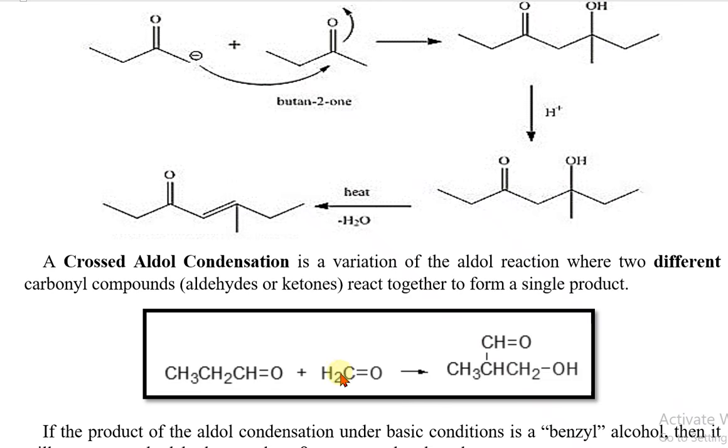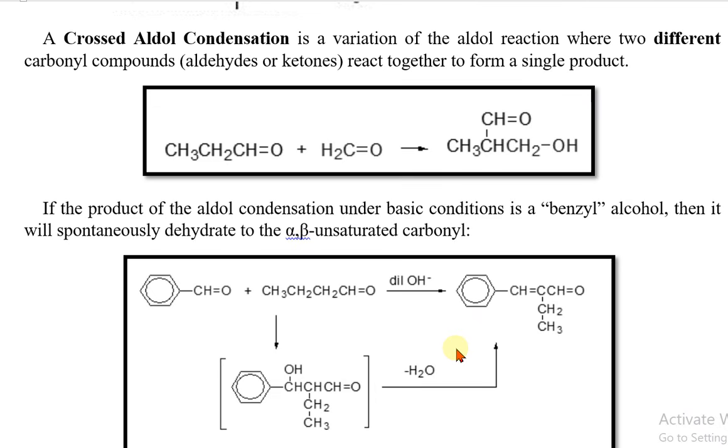Here we have formaldehyde and propanal, also an aldehyde. The carbanion will be formed from propanal, not from formaldehyde, because formaldehyde doesn't have alpha hydrogen. So the carbanion will be formed from here and it will add finally to give you this compound.